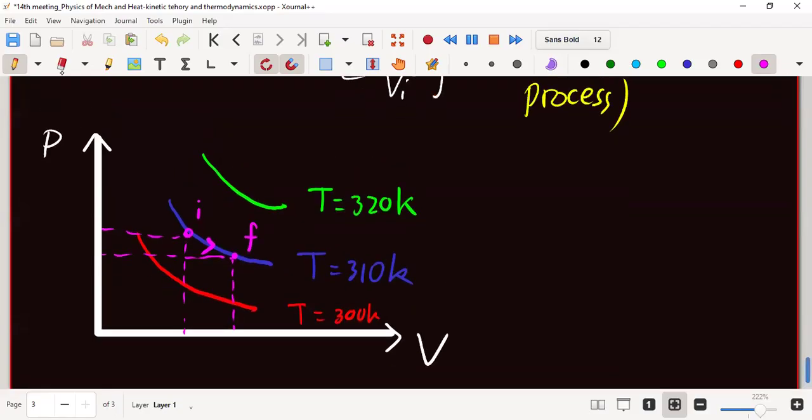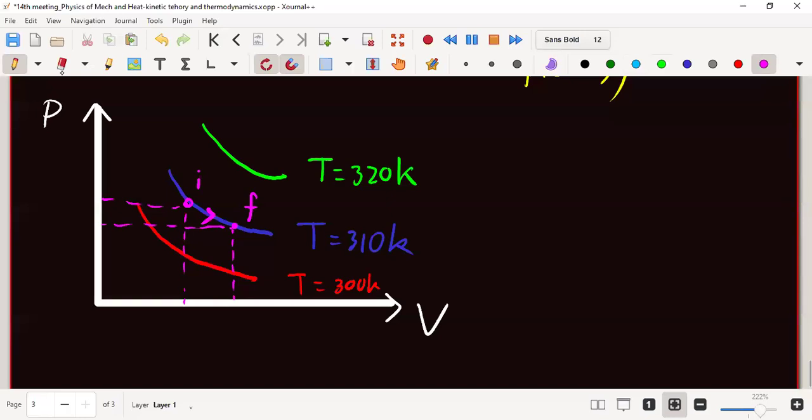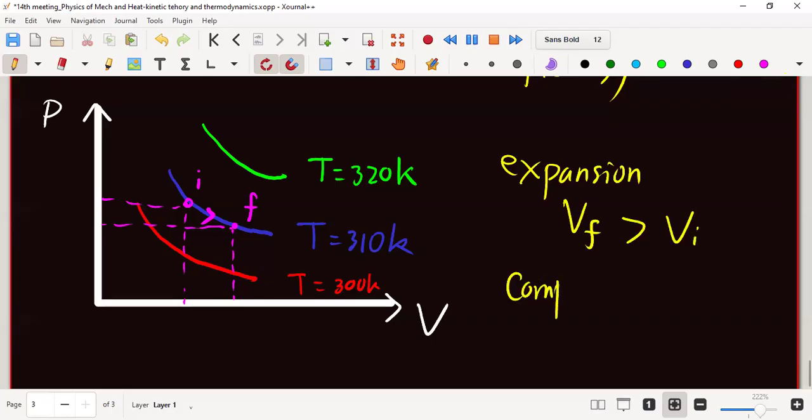Okay, this one is for expansion: V final is more than V initial. But in compression, V final is less than initial.